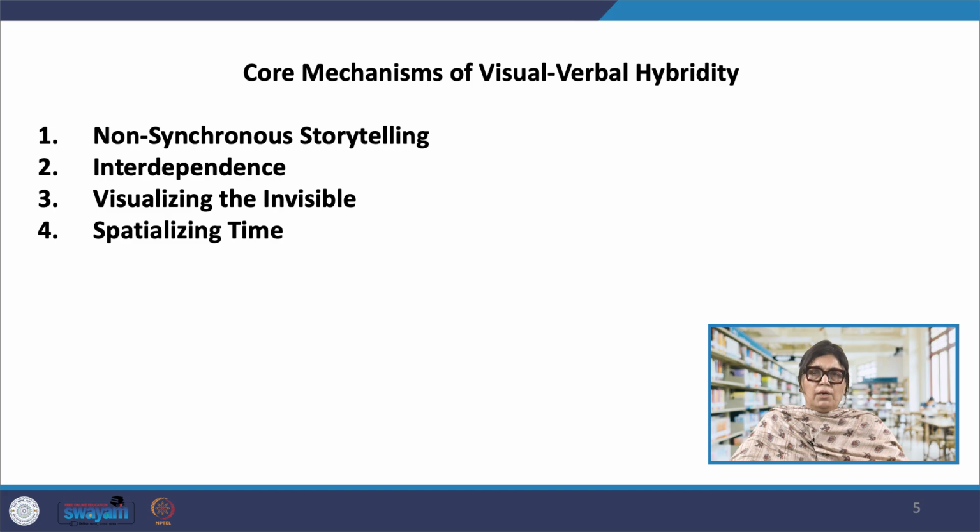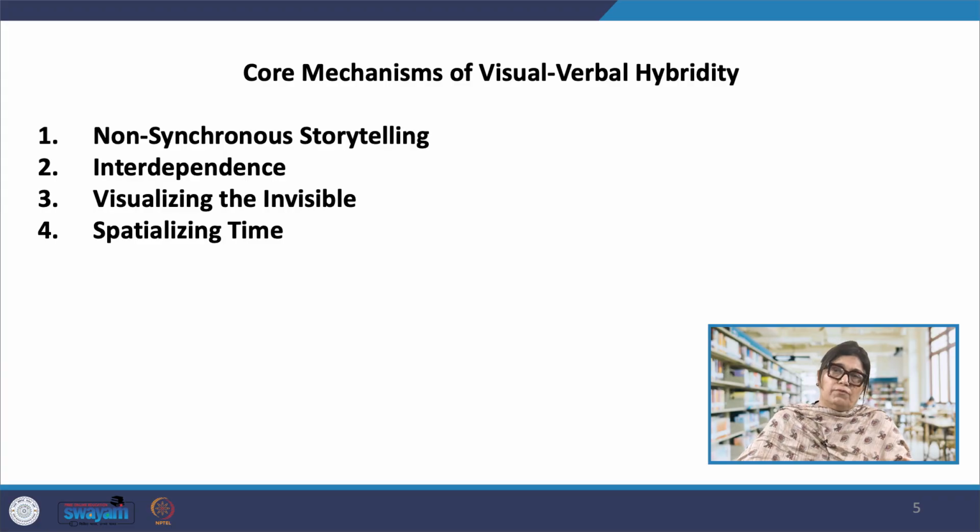Second, interdependence: meaning emerges from the gap between what is seen and what is read. For example, a caption might describe a peaceful day while the drawing shows internal anxiety, forcing the reader to synthesize these conflicting truths. Third, visualizing the invisible: hybridity allows authors to literalize abstract emotions.